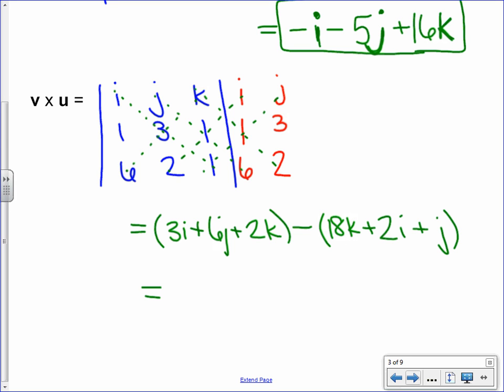So what is V cross U? 2i plus 5j minus 16k.